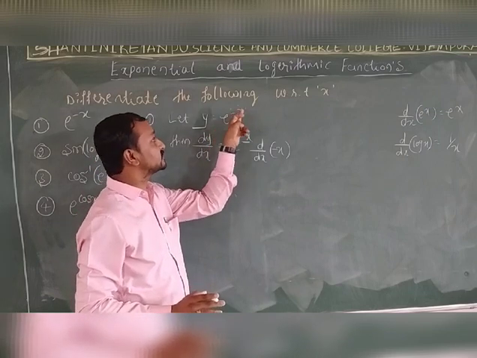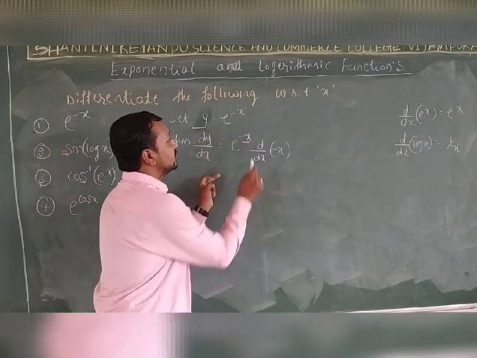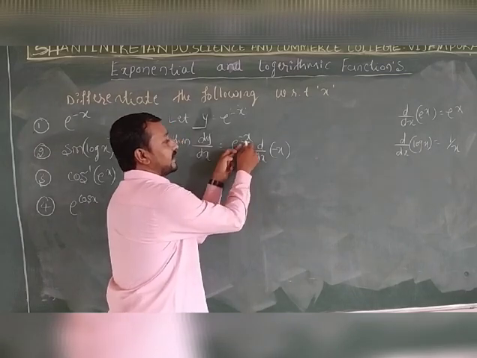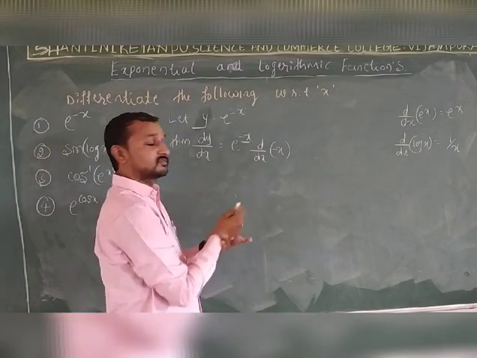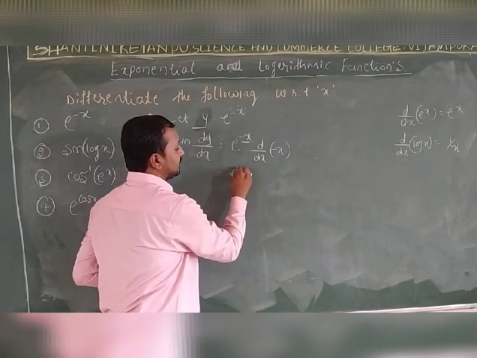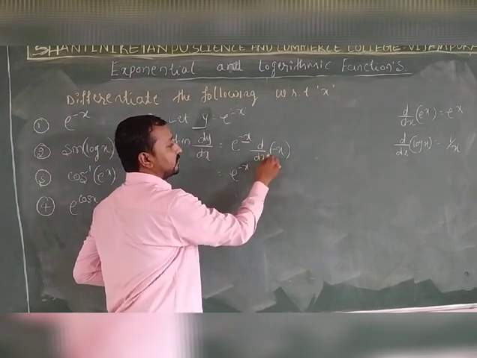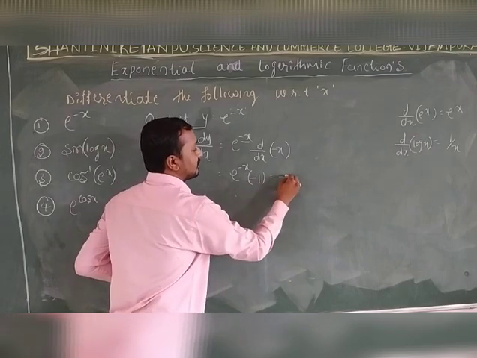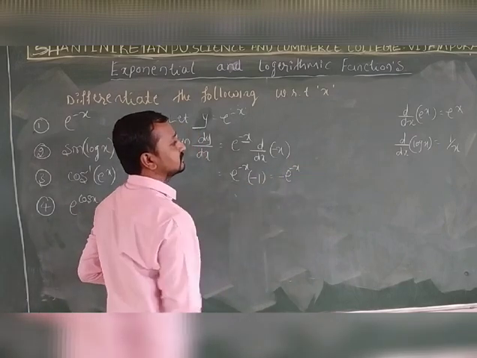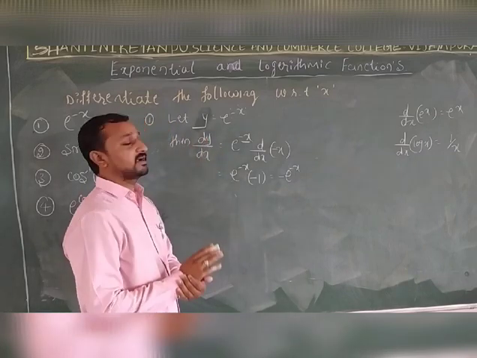So the derivative of e raised to minus x is e raised to minus x as it is, then differentiate again d by dx of minus x. The derivative of minus x is minus 1. So the answer is minus e raised to minus x.